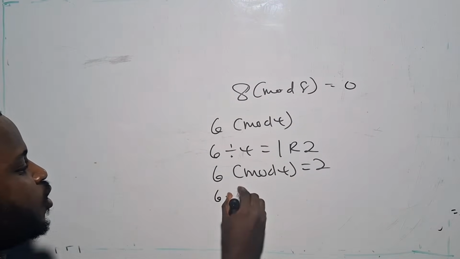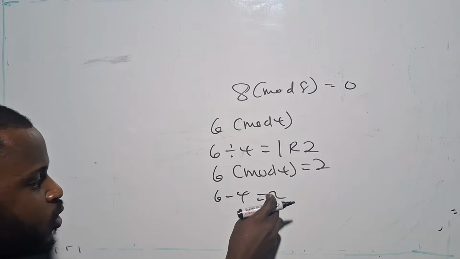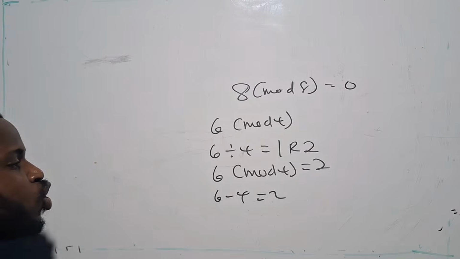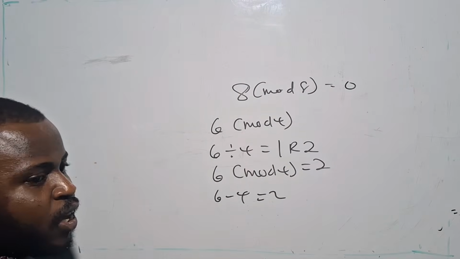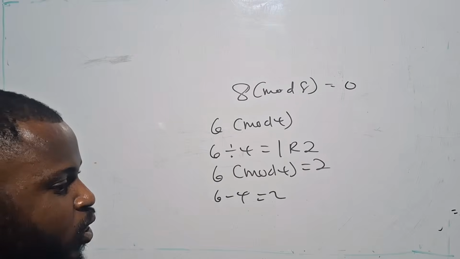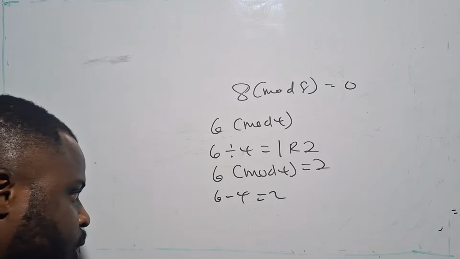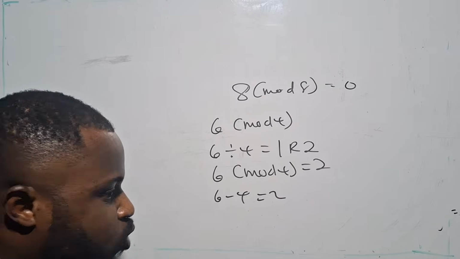Or you can use 6 minus 4, which is also 2, the remainder, giving you the same thing. For each of the questions I'm going to solve here, I'm going to use the division and the repeated subtraction methods. The answer of any number in a modulo should be lesser than the modulo. That's what you need to understand.